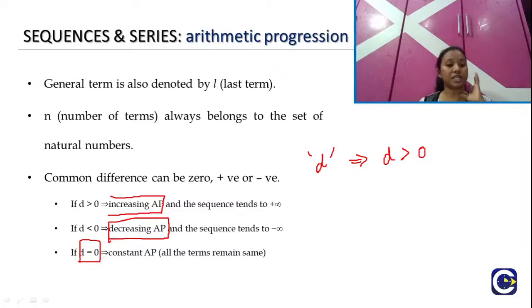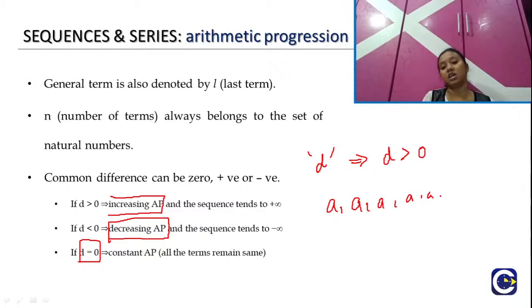When the common difference D itself is a constant, 0, then the arithmetic progression will be constant. That means I'll have a, a, a and so on. That means all the terms remain the same, and that progression is called constant arithmetic progression.